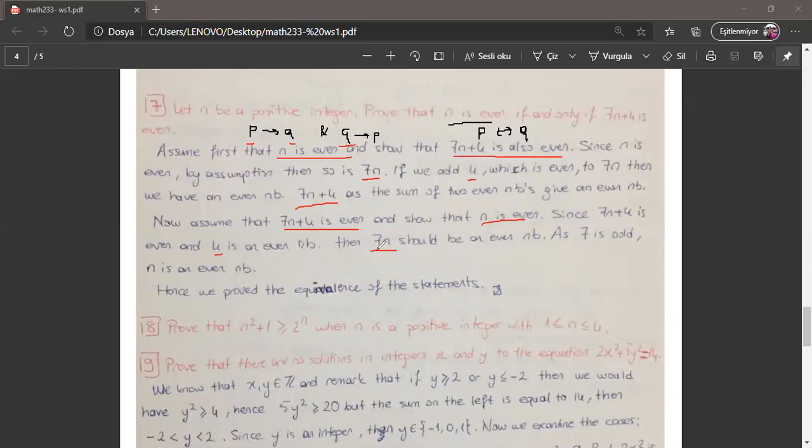And it's clear that 7 is odd, and this number is even, then n should be an even number. So we showed this part, we showed P. First we showed this, and then this, hence we showed this equivalence of the statements. So we're done.